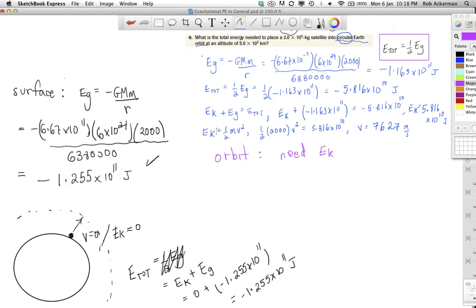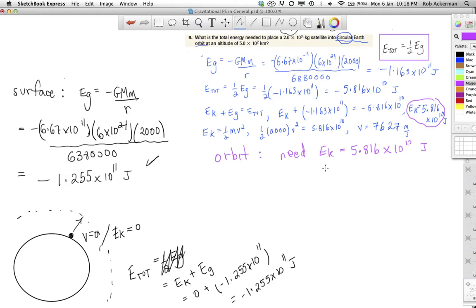Well, you already calculated that answer. It's right here. I've got to get myself this much EK. So in answer to the question, what total energy is needed to get me into orbit? At least this much, because I got to be moving. I got to have EK to be in orbit.